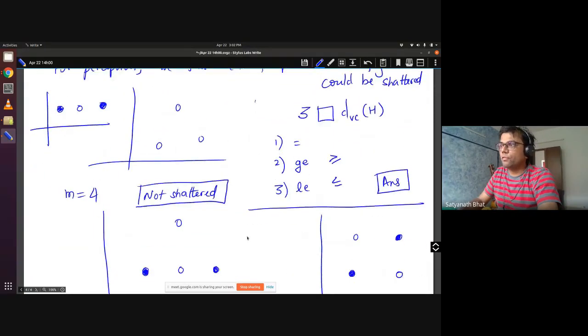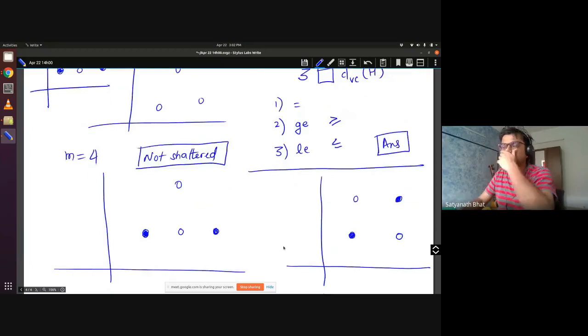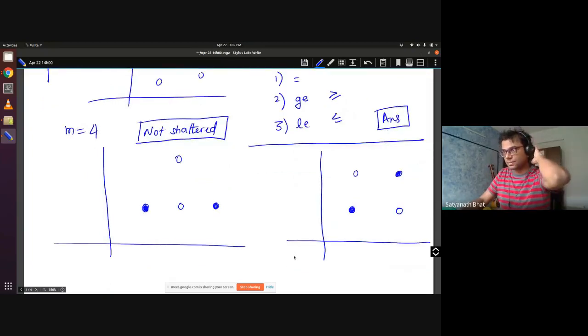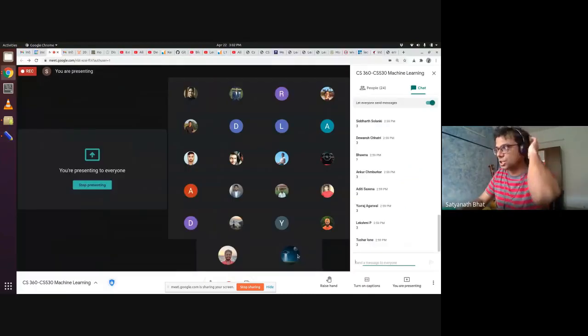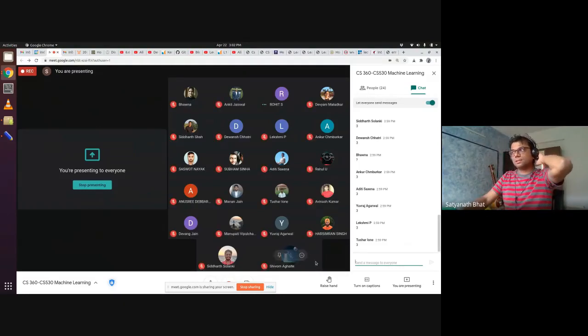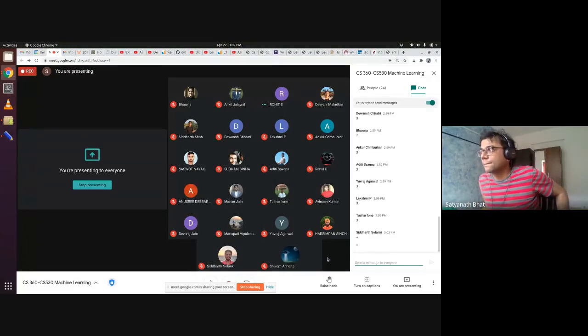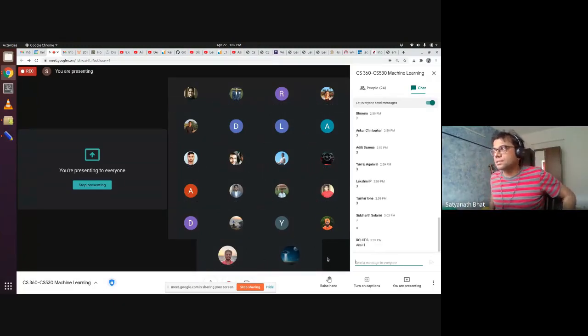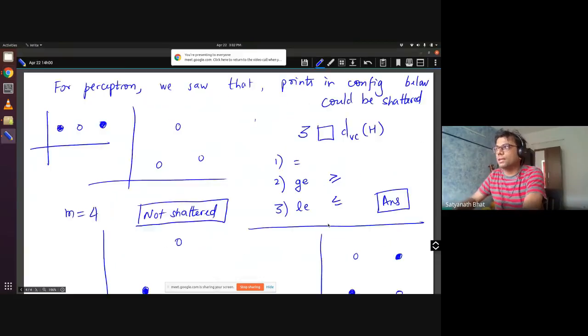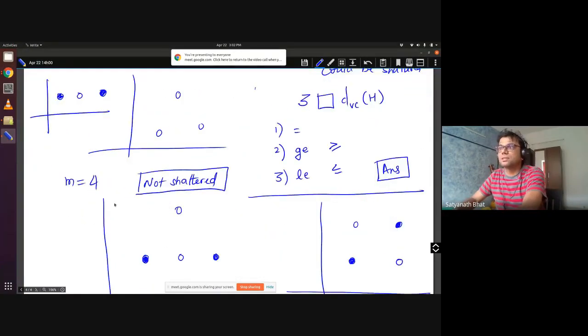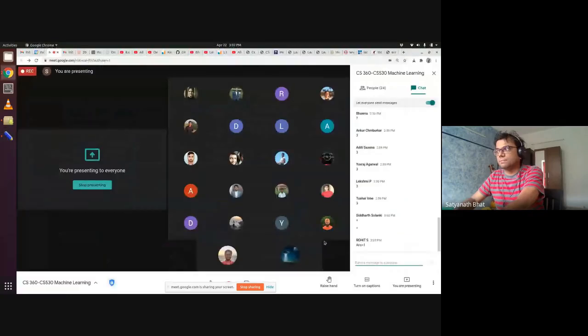Now with this additional information, what can you say? What is the conclusion now? Finally, we are saying the VC dimension of this perceptron is 3.